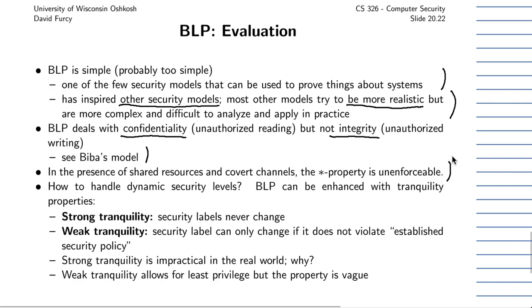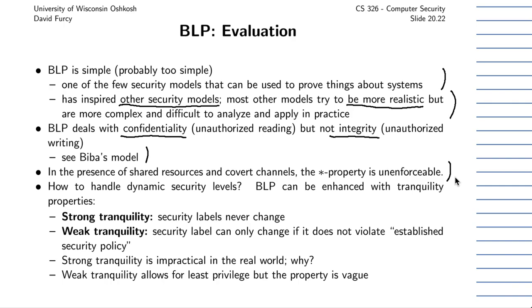So the star property only works and can only be used to prove security results if the only mechanism that the subjects use to communicate and share data is through the operating system. But this is not the case because subjects can talk outside of the computer system, outside of the operating system's control. So this is a reason why the star property is kind of nice to state formally, but it's very hard to enforce.